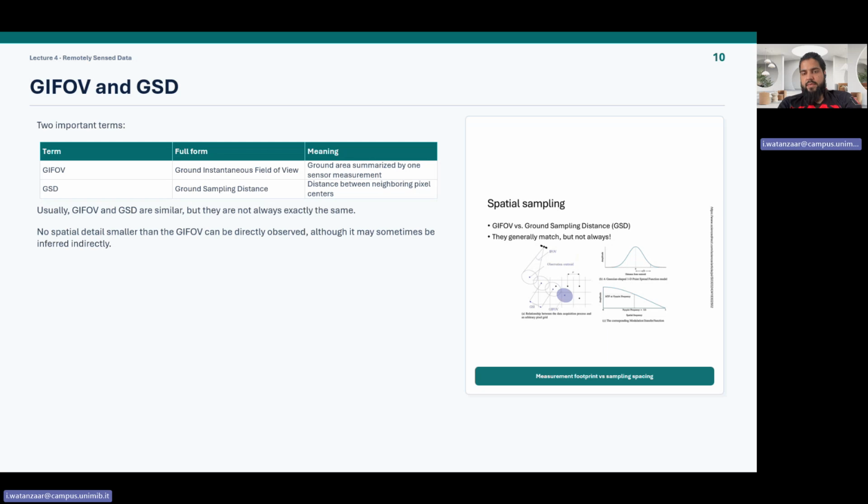Although it may sometimes be inferred indirectly. These are the two terminologies relevant to resolution. Spatial information smaller than the GIFOV cannot be directly observed because the ground instantaneous field of view is the smallest view of objects on the Earth.